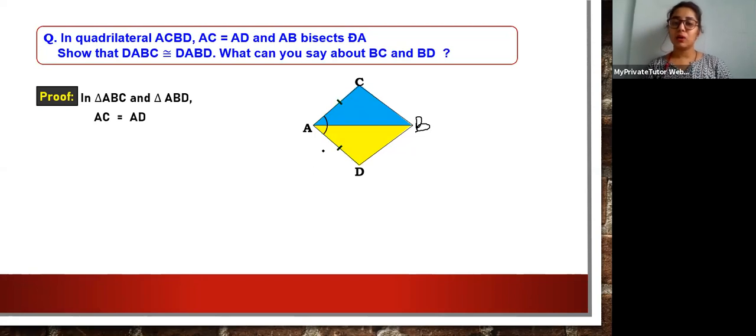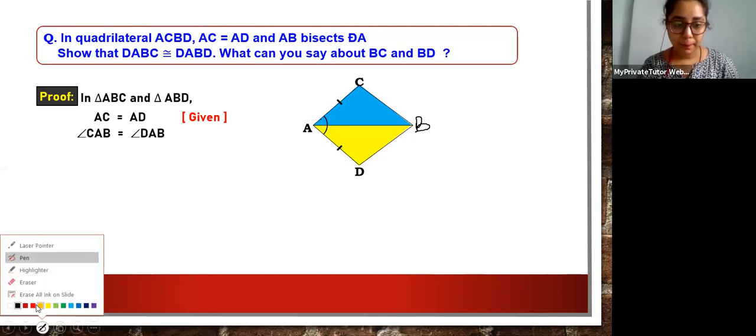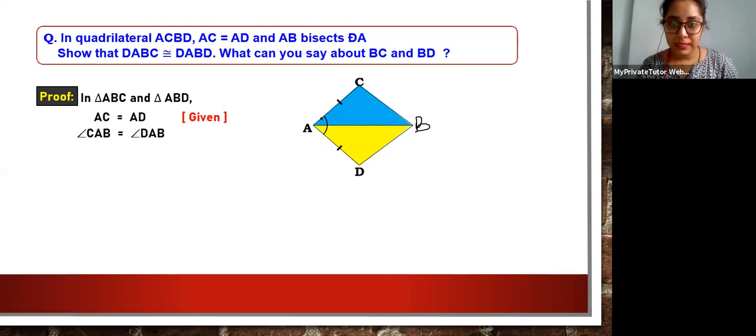AC is equal to AD, which is already given to us. Given. Now, if you talk about angle CAB and this angle, they are congruent. How are they equal?